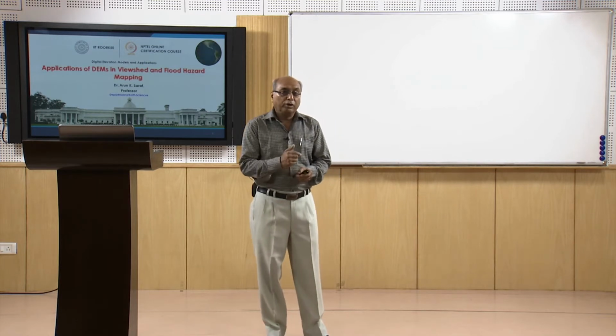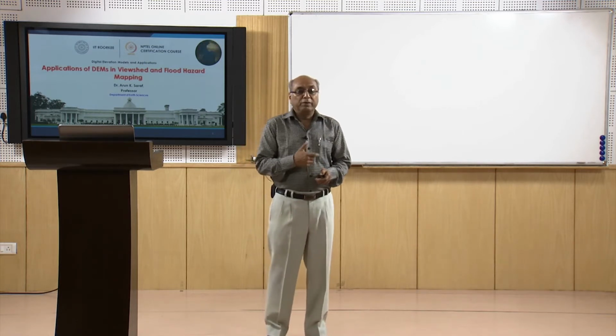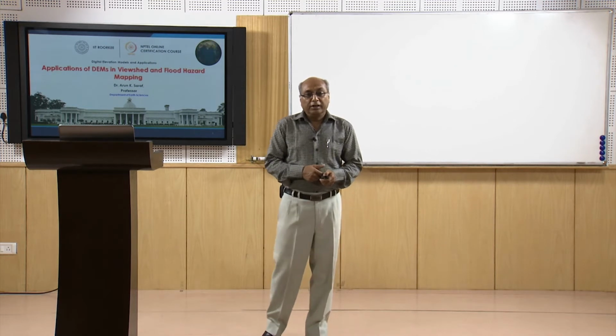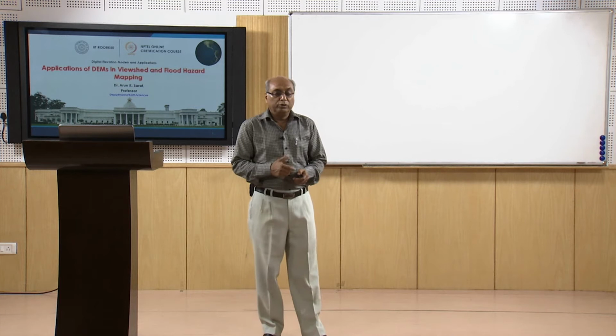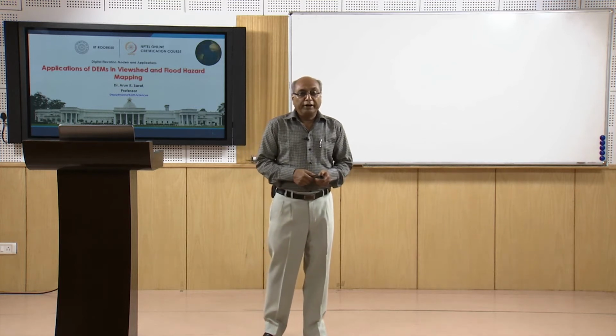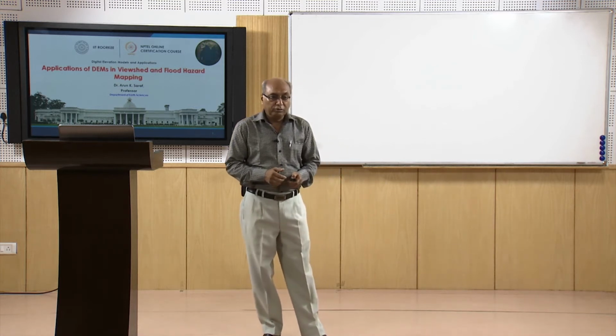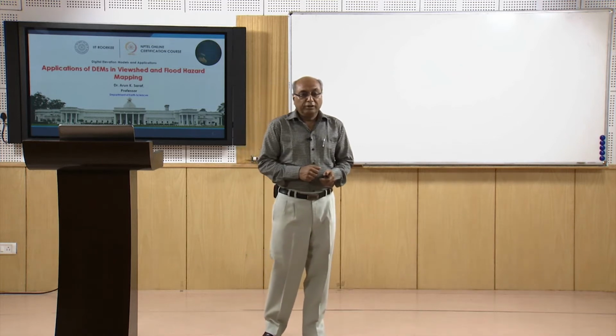We may determine a viewshed in a particular direction or maybe a full 360 degrees. We may add some offsets to the target, maybe the height of a person who is going to look from a point, or the height of a tower. All these things we will be looking at.